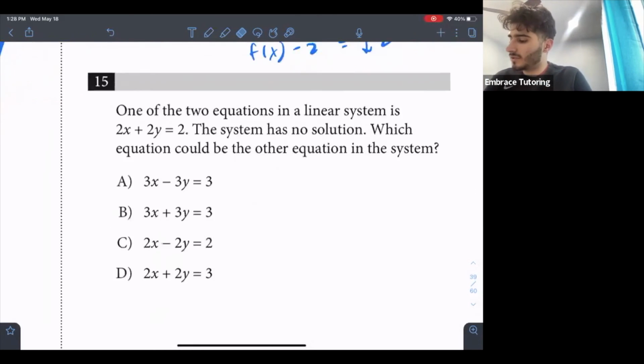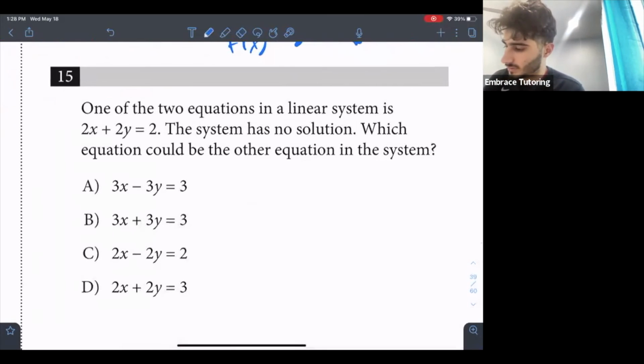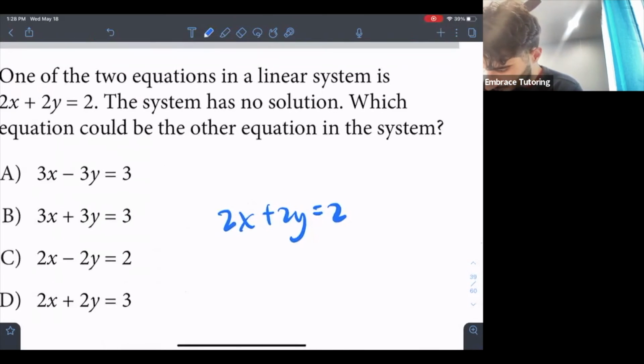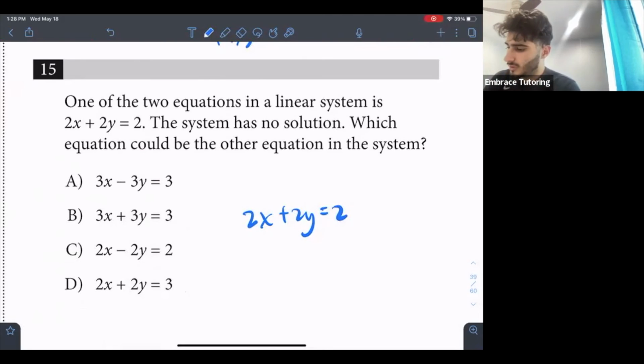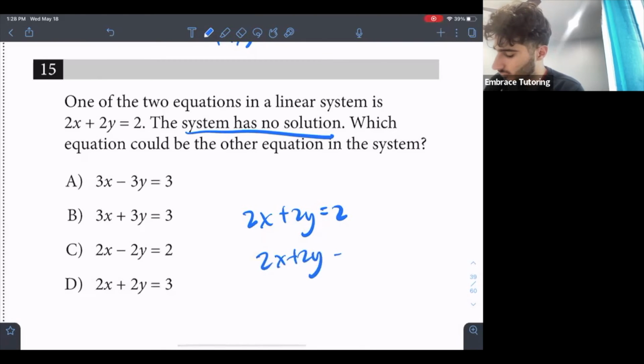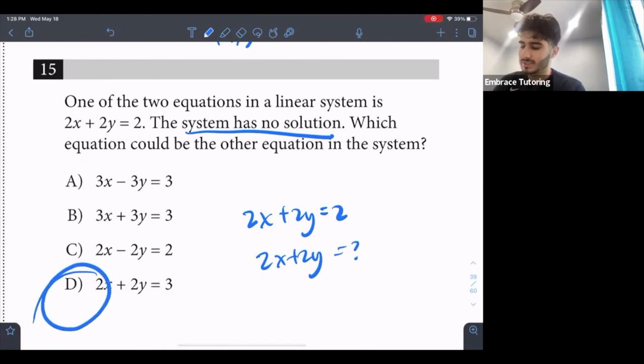So when the system has no solution, it basically has identical x and y parts, but the output is different. So the only way that would make sense is by having 2x plus 2y equal to some other value, which is choice D.